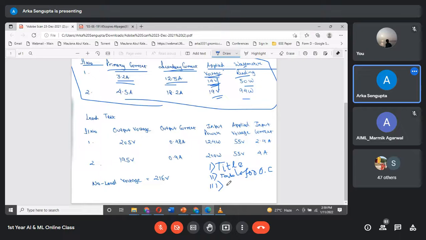Next is the observation table for the short circuit test. Then calculation, and the fifth one is conclusion.